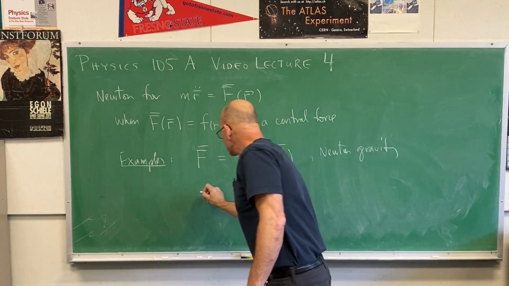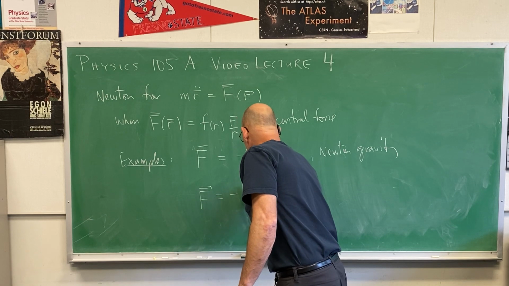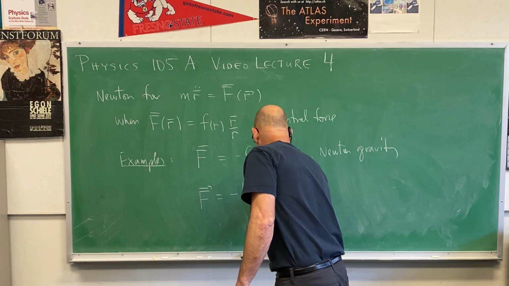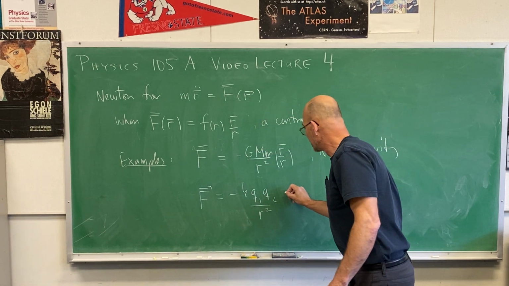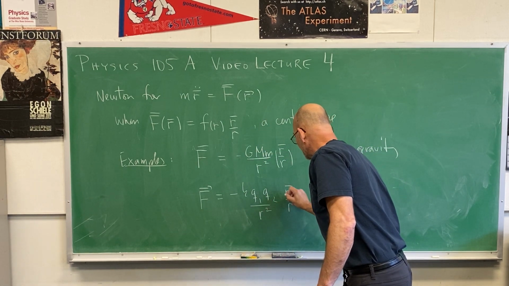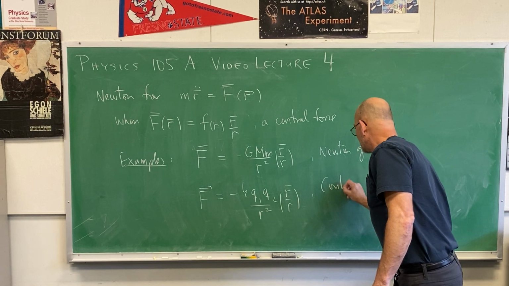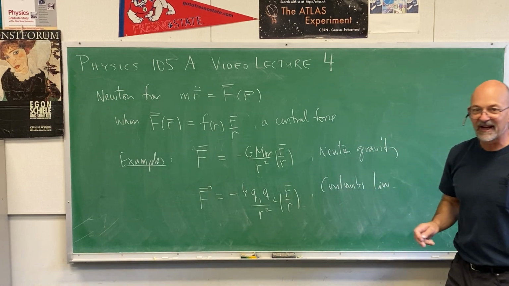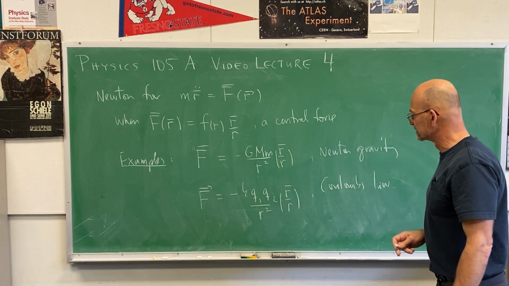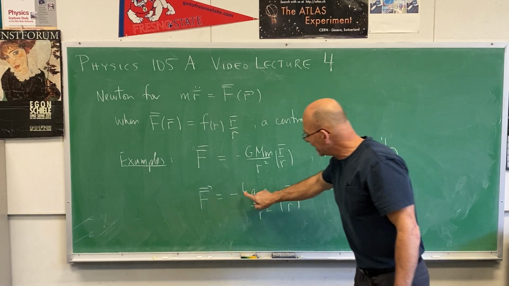We could have F equals minus K Q1 Q2 over R squared. Same unit vector, and that would be Coulomb's law for electrostatic attraction of charged particles. Now Coulomb's law actually doesn't need the minus sign.